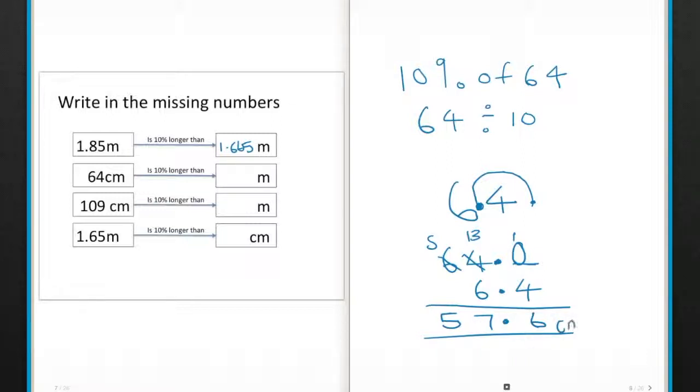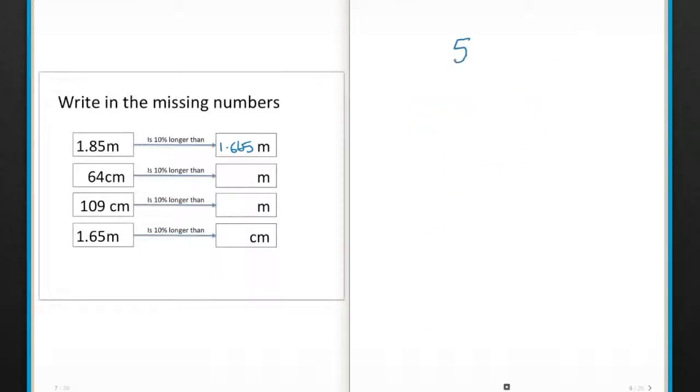Now, that's in centimetres, isn't it? We need our answer in metres. Remember that 1 metre is 100 centimetres. So to change it into metres, we're going to have to divide. Let's write it out so you can see. We've got 57.6 centimetres. 1 metre equals 100 centimetres.